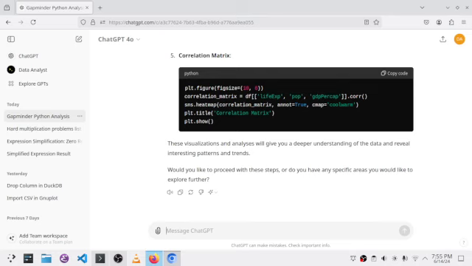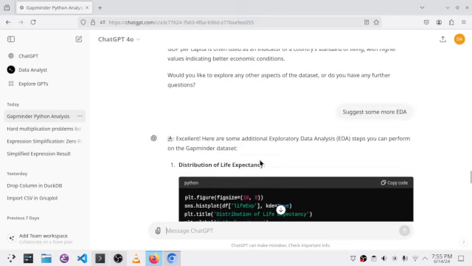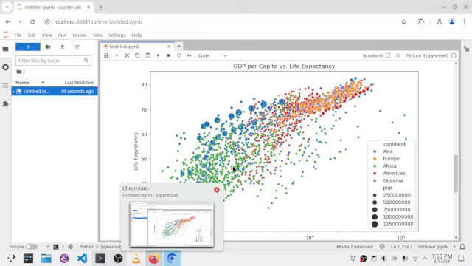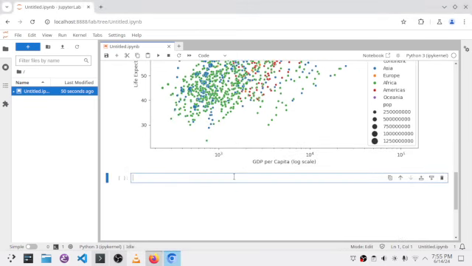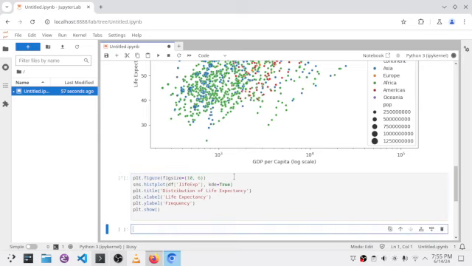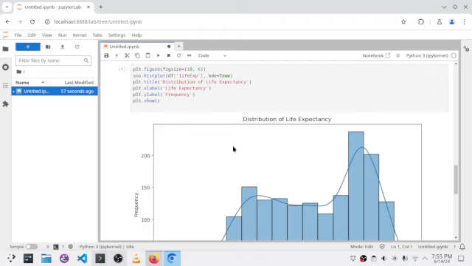Let's go over here then. We got the proverbial histogram. Very nice.